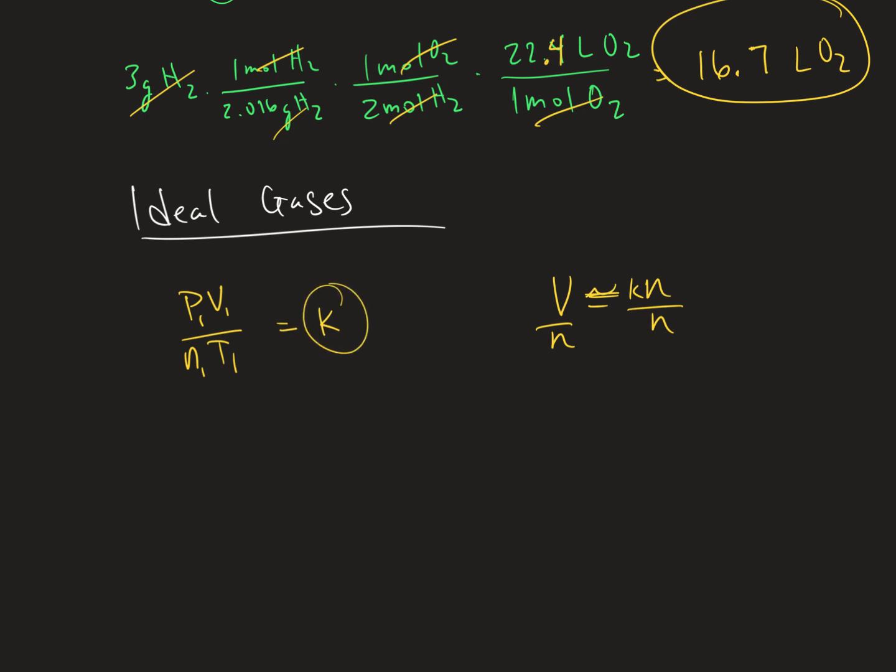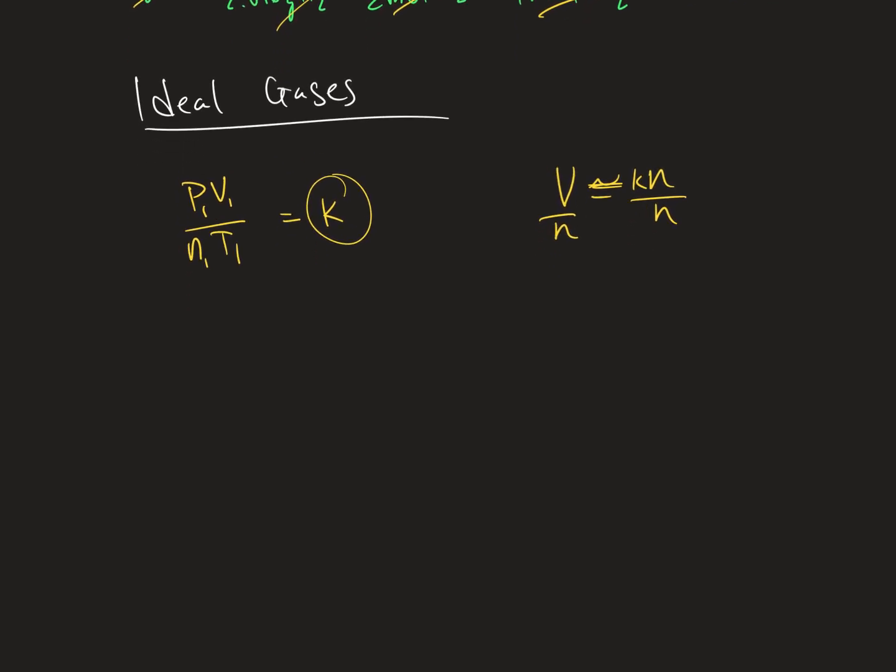Now let's figure out what this constant is, okay? The constant we're going to call R; it's not our little K constant anymore. For certain units of pressure, volume, temperature, and moles, it's going to be 0.0821.